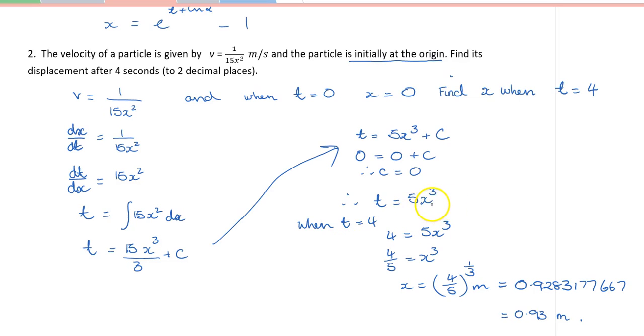I didn't even really actually get x by itself because it was simply to find the displacement after 4 seconds. So you can sub t is equal to 4 into this expression here and round your answer to 2 dp and you'll get 0.93 metres. You should be right now to do that. Other questions from that exam exercise?